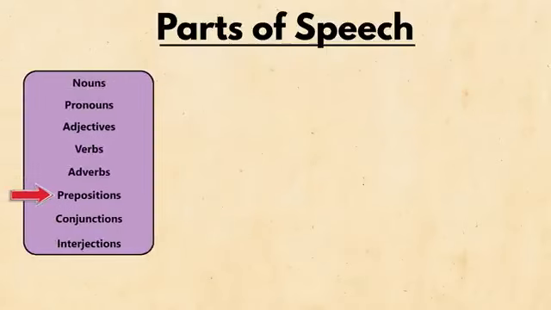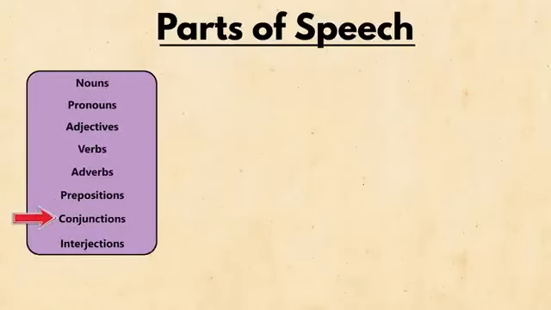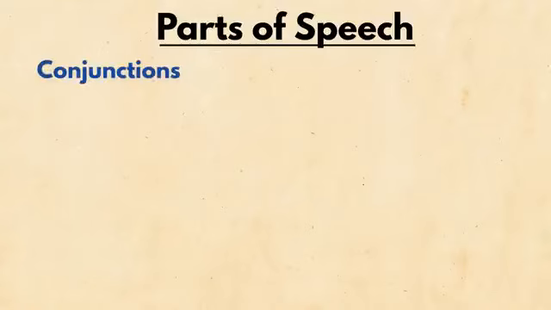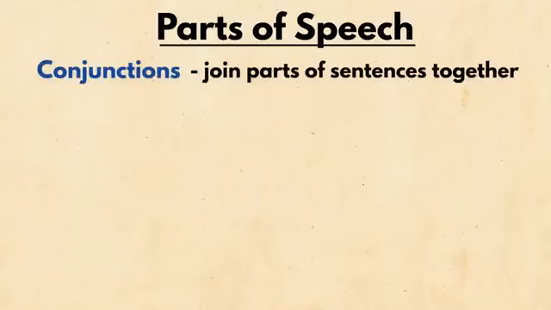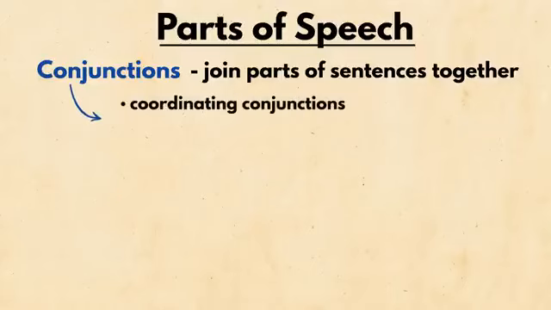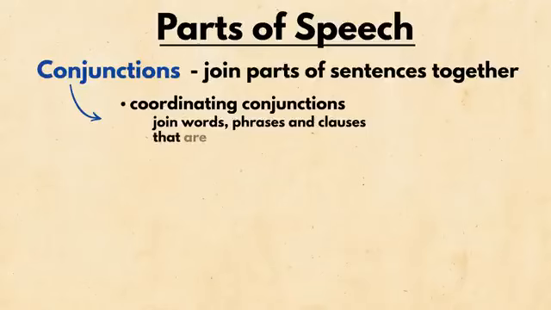The next part of speech is conjunctions. Conjunctions act like glue in a sentence. They join parts of sentences together. There are different types of conjunctions. Coordinating conjunctions join words, phrases, and clauses that are grammatically equal to one another.